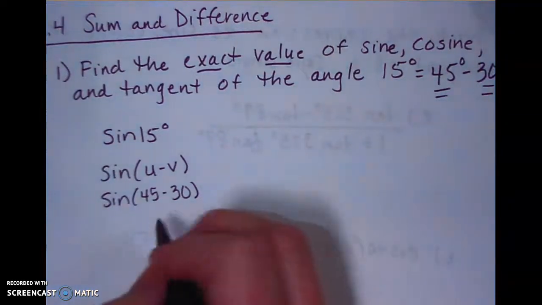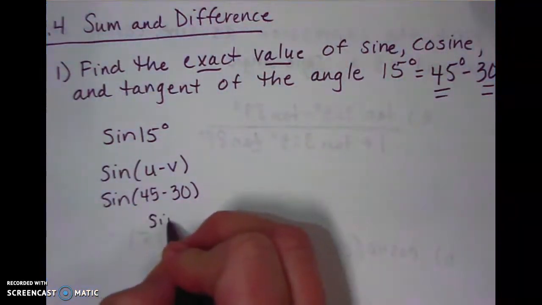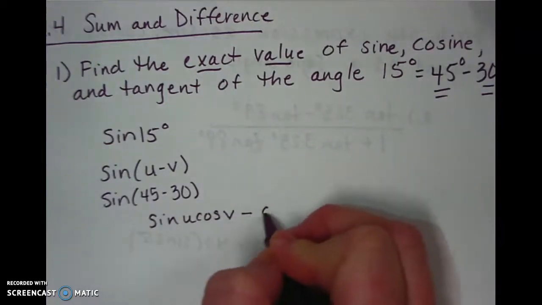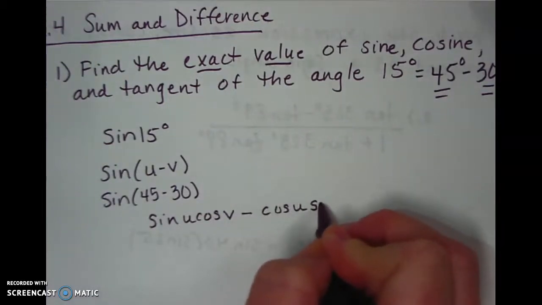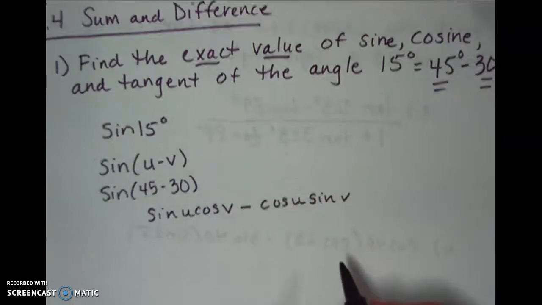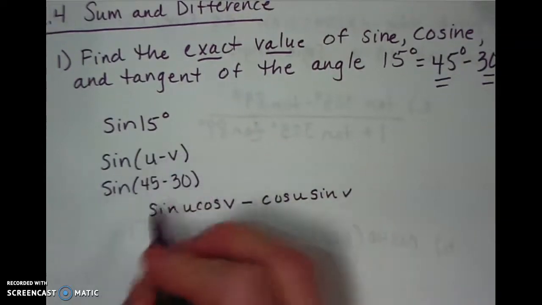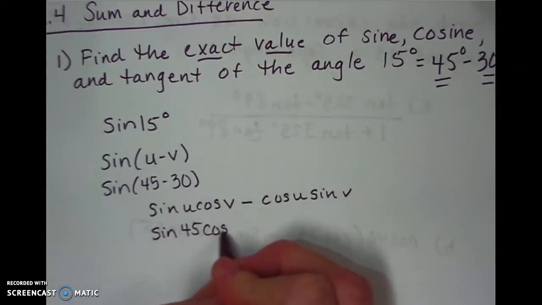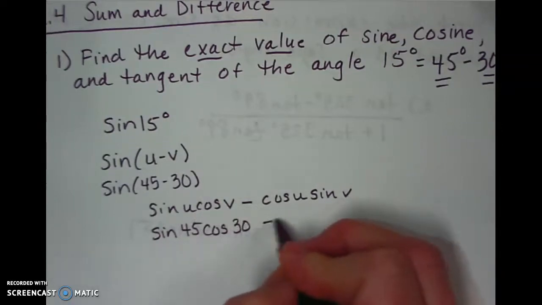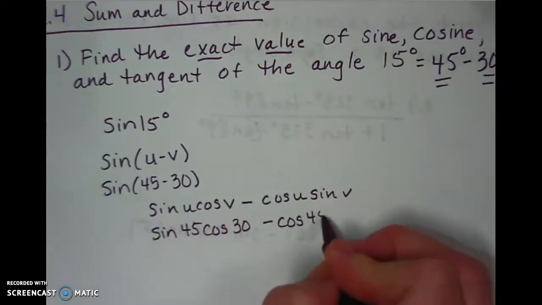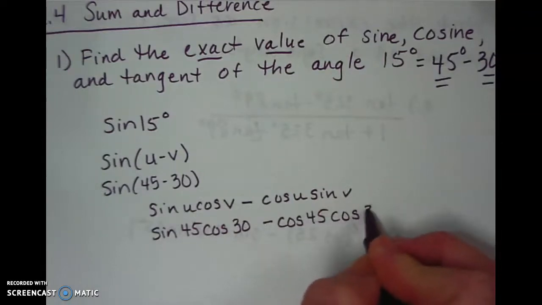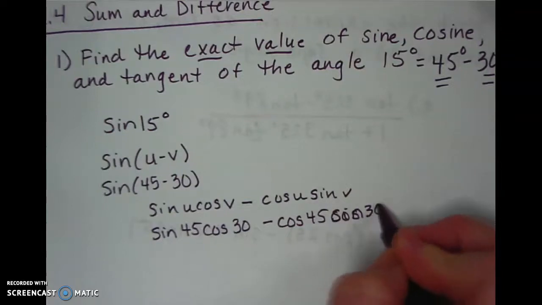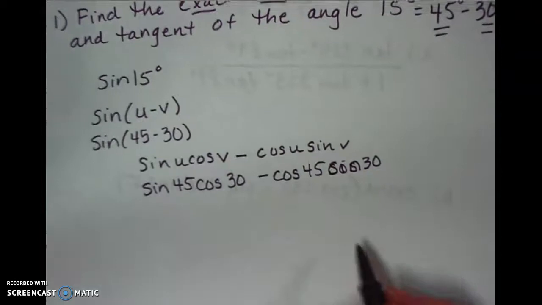So we're going to take the sine of u, cosine of v, minus the cosine of u, sine of v. Well, we've already declared what u and v are. So we're taking the sine of 45, cosine of 30, minus the cosine of 45 and the sine of 30.